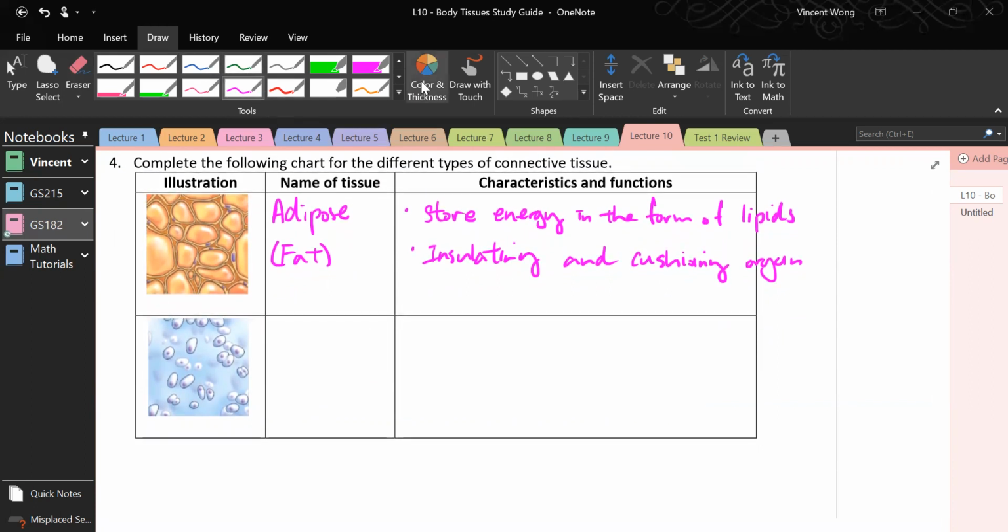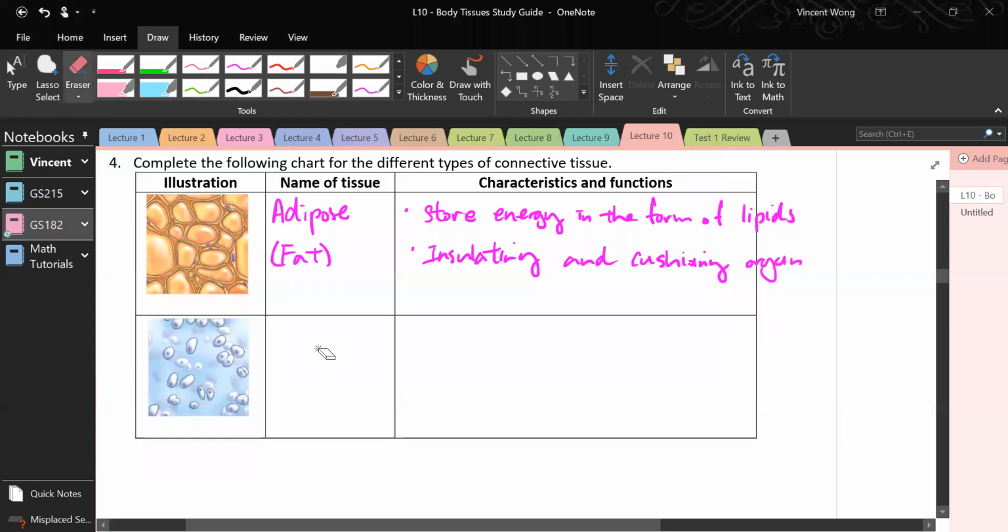Next, we have the cartilage. These little grainy things that look like rice crystals, they are cartilage.